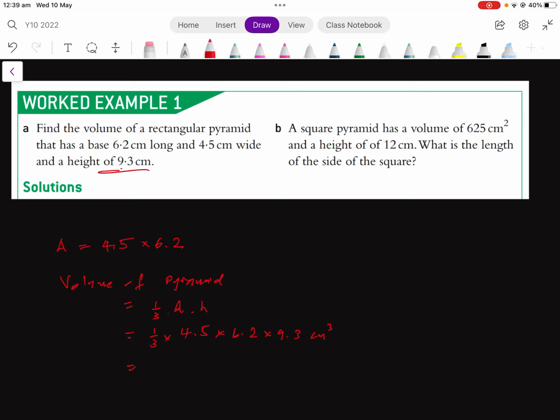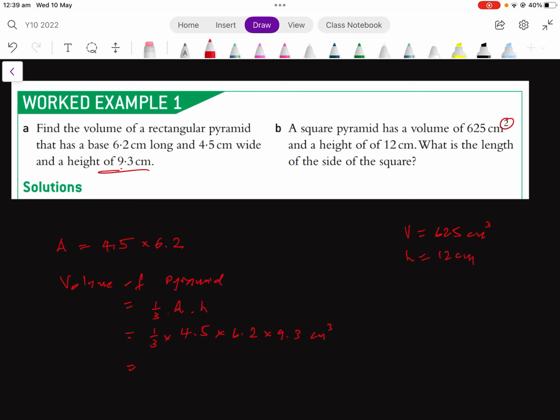Second example, a square pyramid. It has a volume of 625 centimeter cube, I believe it should be centimeter cube, and a height of 12 centimeters.